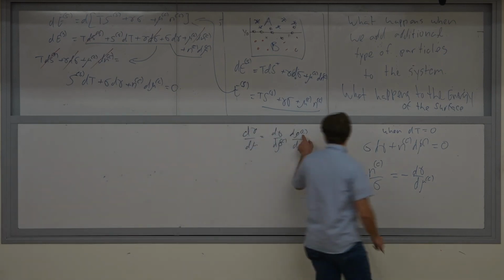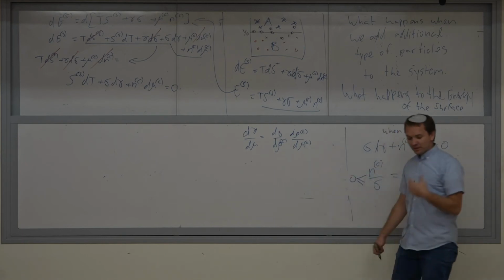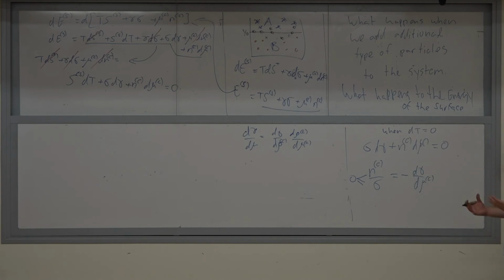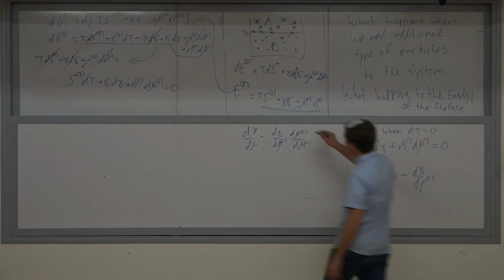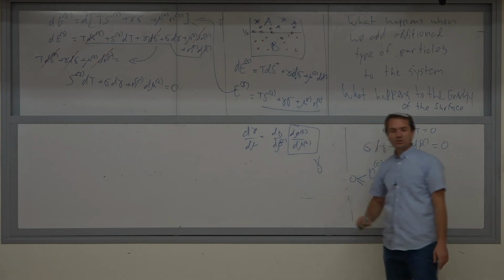Because this one I already know. This is the concentration of particles of type C with dμc. Remember, the chemical potential is the thermodynamical force. The higher it gets, the more particles I have. So the higher is μc, the higher is the concentration of particles C. We already showed this is always greater than 0.